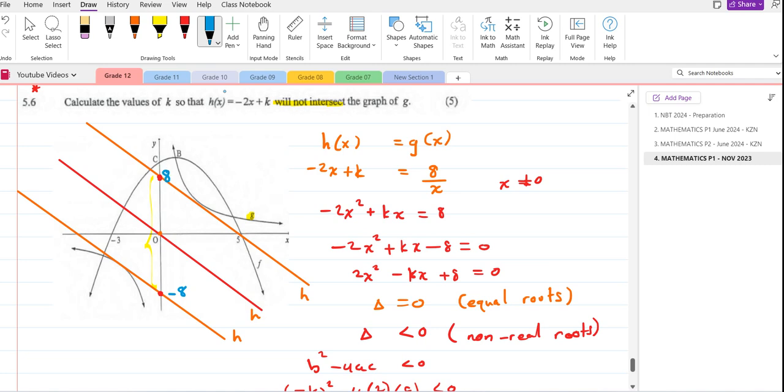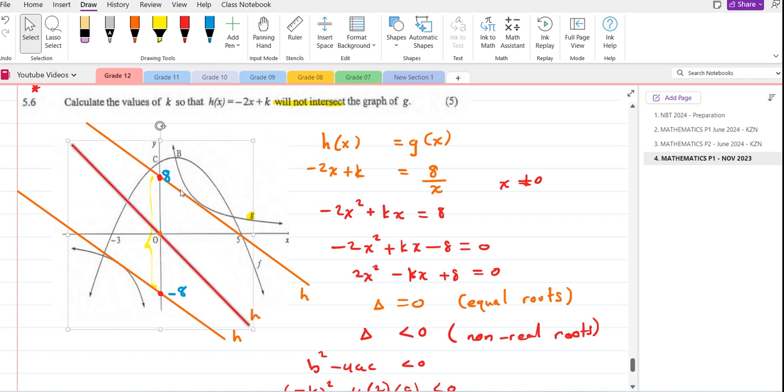Okay, maybe I drew this incorrectly because the y-coordinate of C should be higher up. So basically my straight line should have been drawn like this, intersecting higher up, because remember this is a graph.